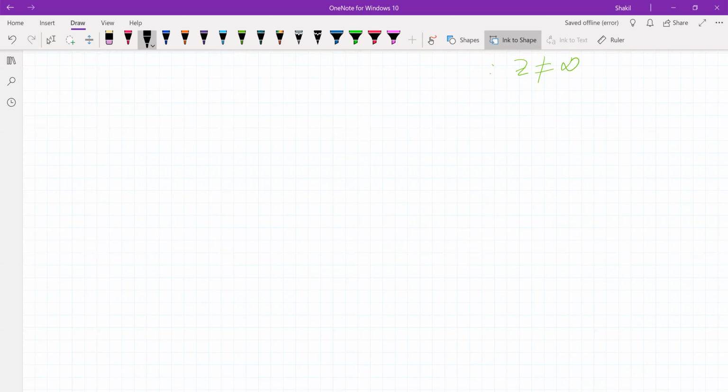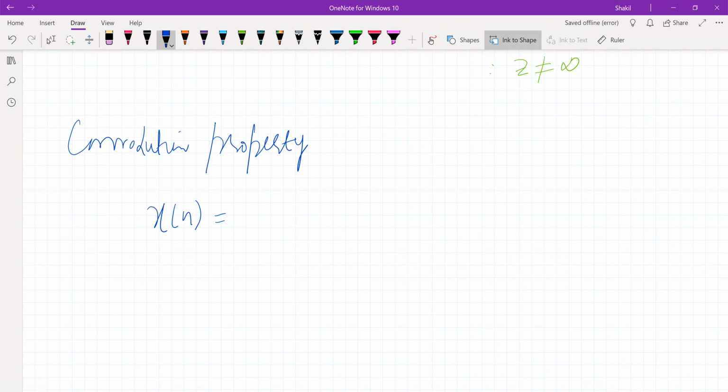All right, next we are going to see the convolution property of Z transform. Now what does it mean? It means if x of n is defined as the convolution between x1 of n and x2 of n.